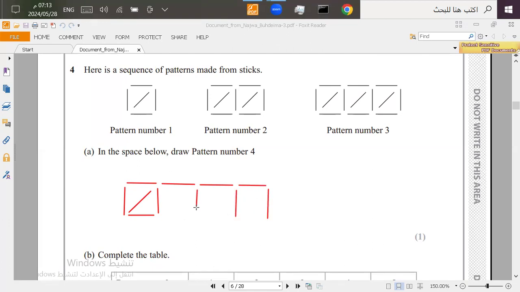It's obvious that the pattern is they're adding a box with a stick in the middle. So basically they're adding three sticks each time. Now this is the next pattern, or pattern number four. Now let's move on to the next question.